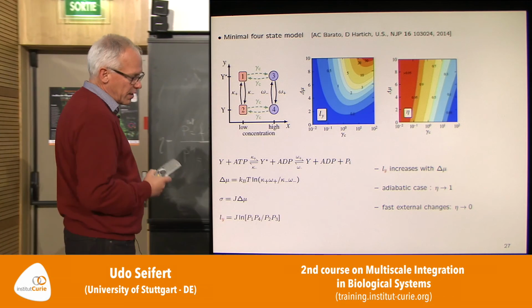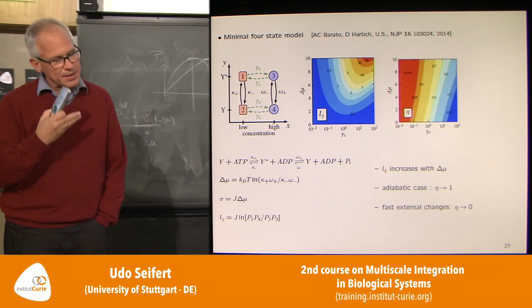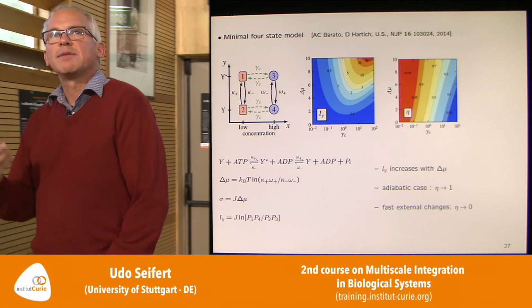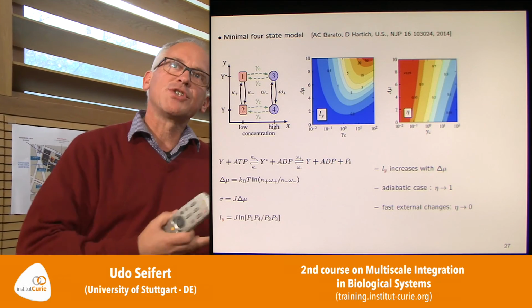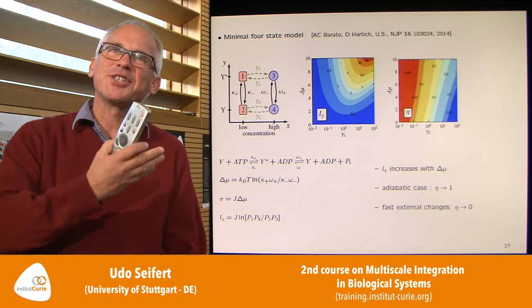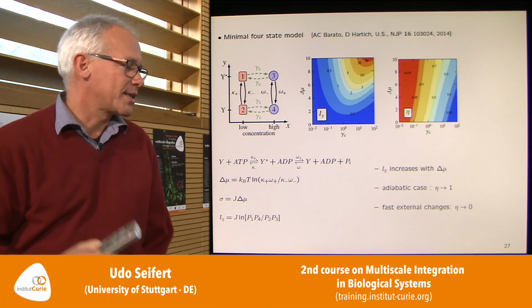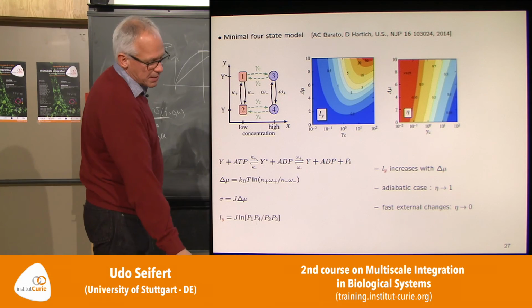We did more involved cases using these several layers. We also did it with adaptation. The message for today just is you can use also this machinery to talk about a different kind of precision. This is now precision in measuring an externally changing signal. Okay, so let me close here.